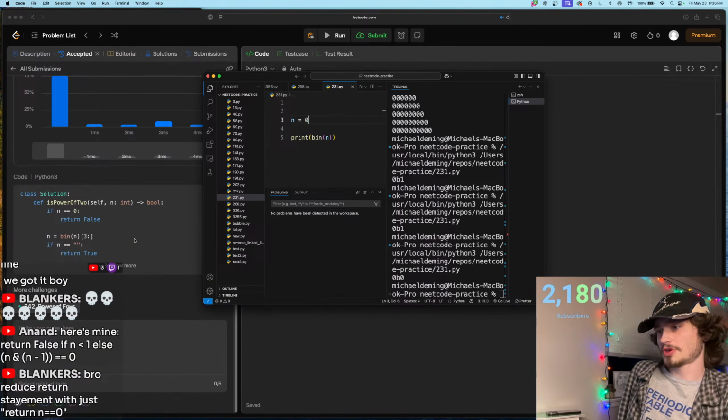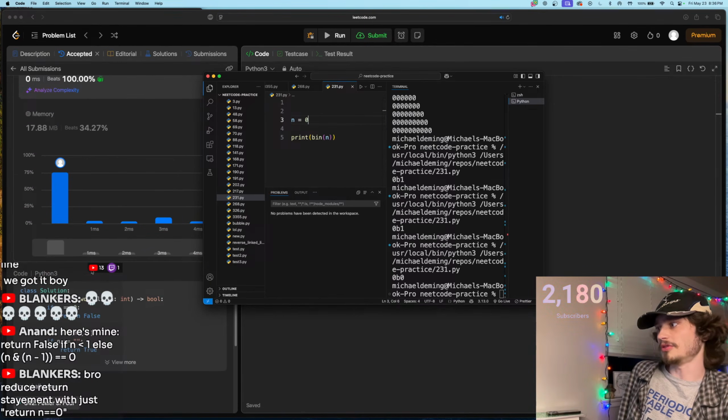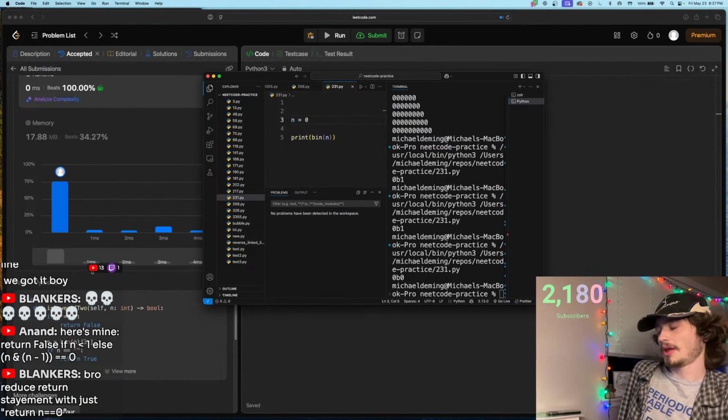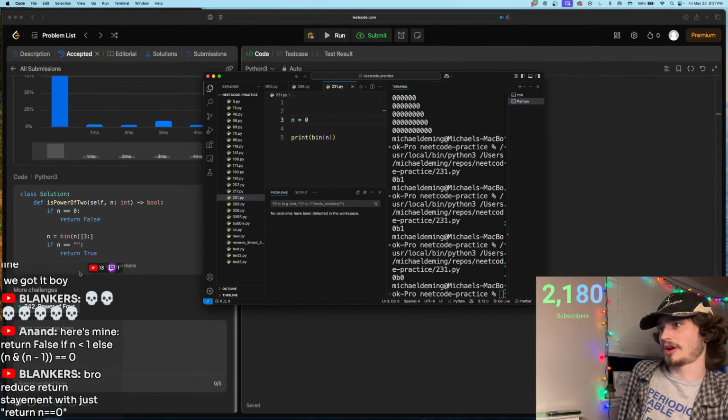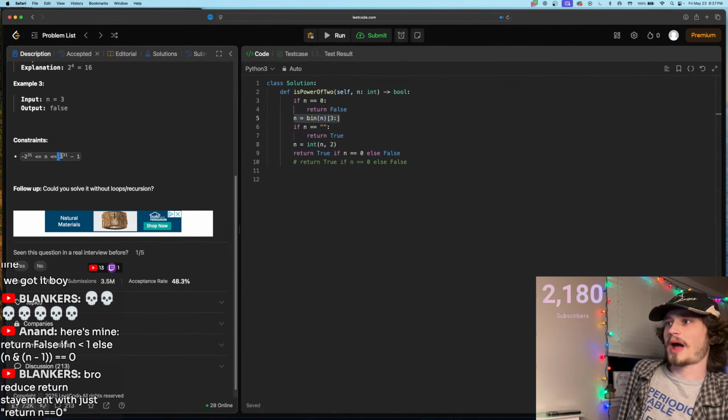So could we also have chosen some arbitrarily large power of 2? But right, past our constraint. Could we have chosen a power of 2, this guy here, 2 to the power of 31, and done a conversion?